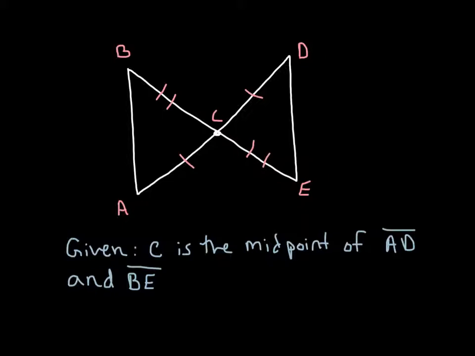In this particular case, I also have to notice that these angles would have to be congruent because they're vertical angles. These are vertical angles formed by two intersecting lines forming two congruent angles.